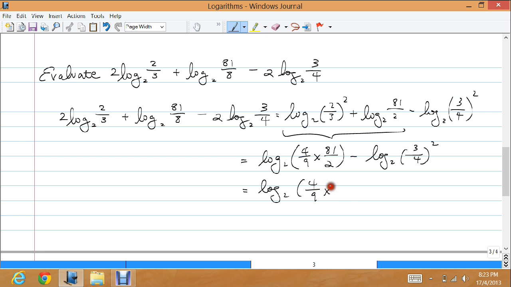So 4 over 9 times 81 over 2 divided by 16 over 9. And upon simplifying, I should get 8. But then again, 8 is 2 cubed, right? So I get 3.